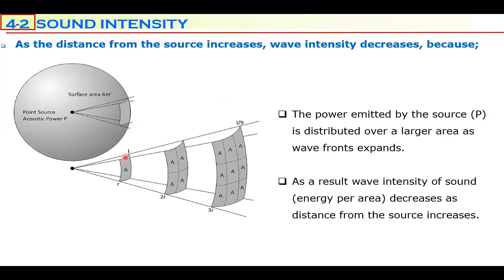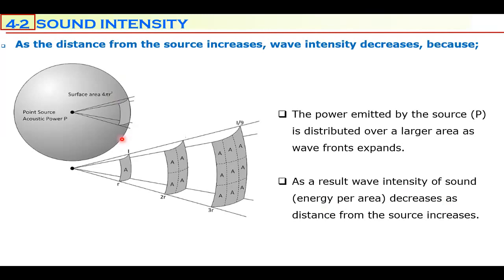When it is closer, at distance R, the area is small. As distance increases, that area becomes larger. As the sound expands, the area over which it is distributed increases. As a result, the wave intensity of the sound, that is, energy per area, decreases as distance from the sound source increases.